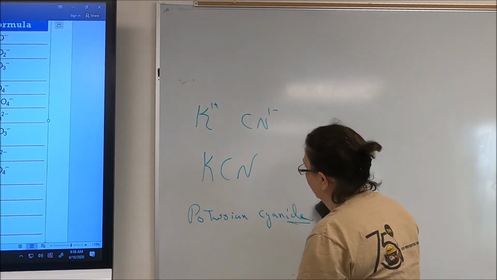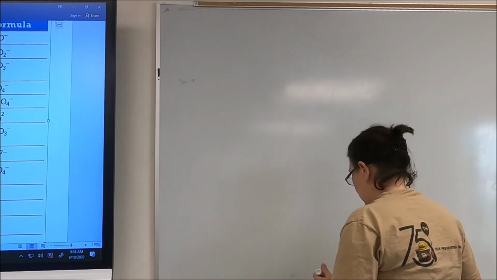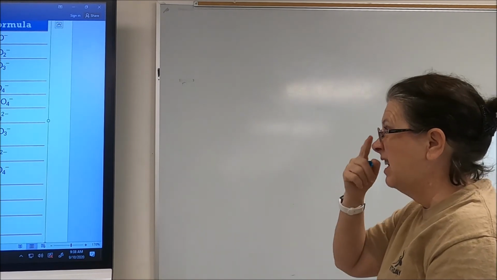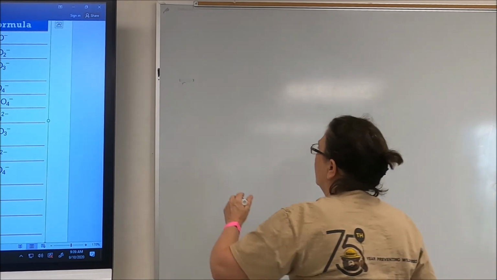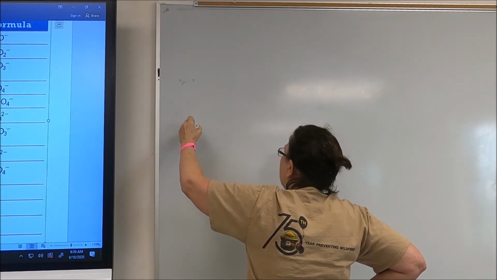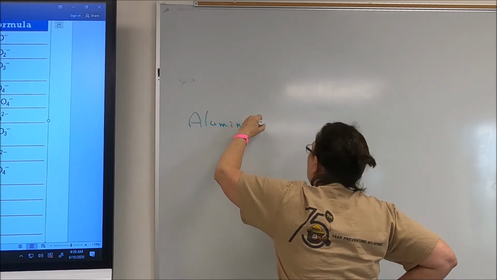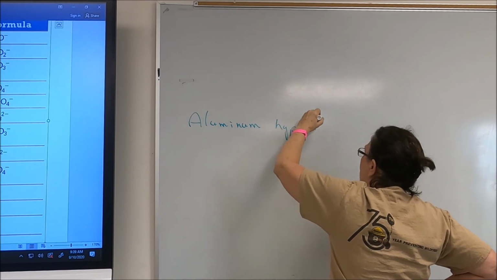All right, now let's go backwards. I'm going to give you some names of some ionic compounds that contain polyatomics, and we're going to go back the other direction. So, let's see, aluminum hypochlorite.